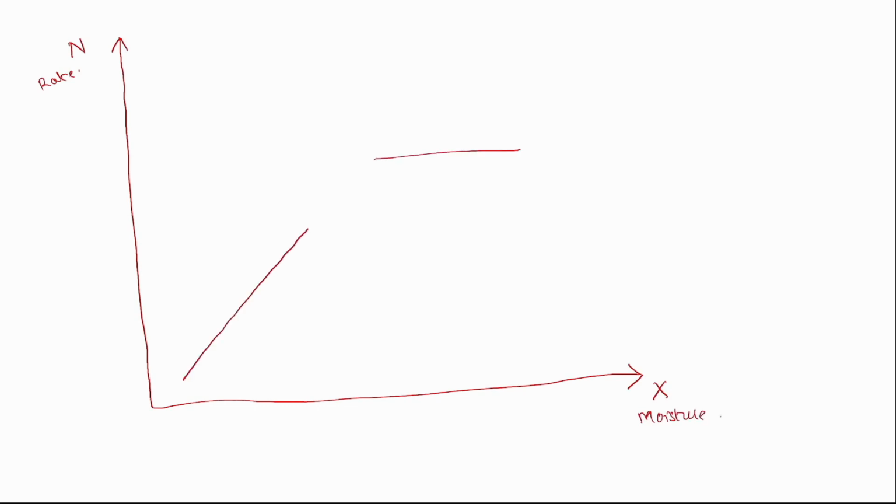So the flat line is the constant drying rate and the sloped line is the falling rate. X star is the equilibrium moisture content and XC is the critical moisture content, which is where the falling rate starts. And the flat line, as I said, is the constant rate, and the sloped line is the falling rate.